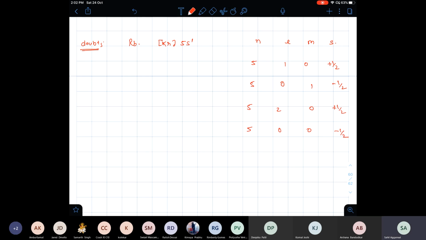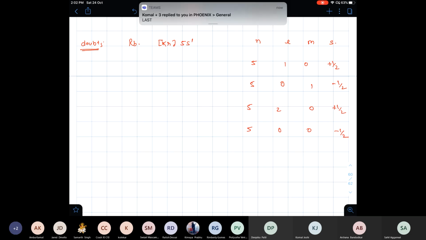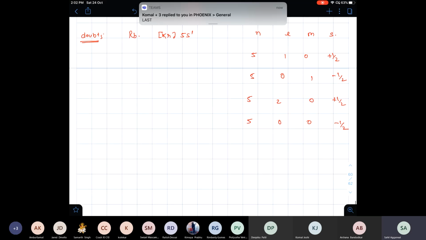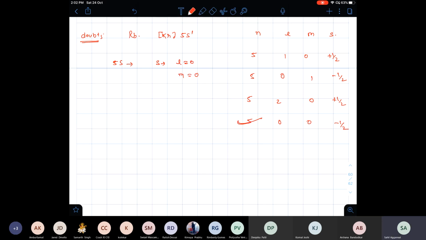Which one will be correct among them? Last. Why last? We have 5s. For s subshell, l is equal to 0, m is equal to 0. That is why the last one.